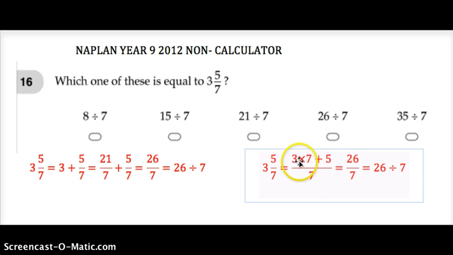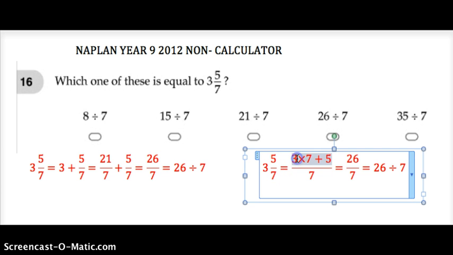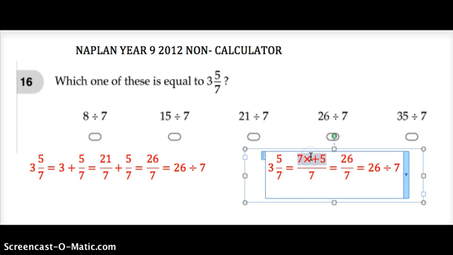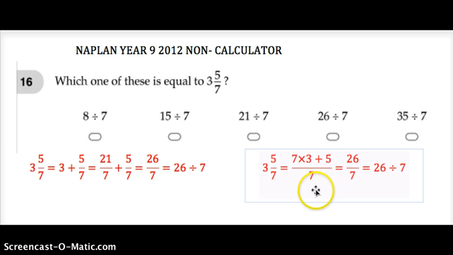So it's 7 times 3 plus 5: 21 plus 5, which is 26, and it's over 7. So we get 26 over 7, which means 26 divided by 7. So the answer is 26 divided by 7.